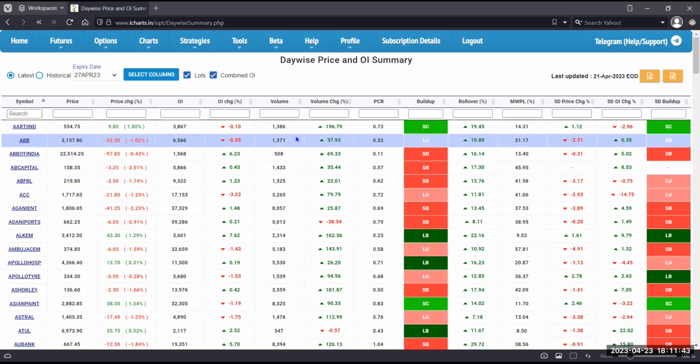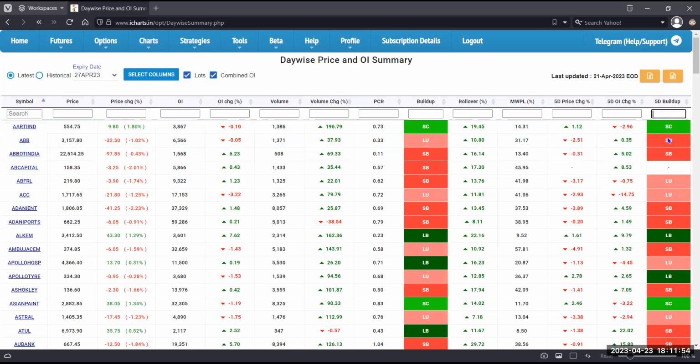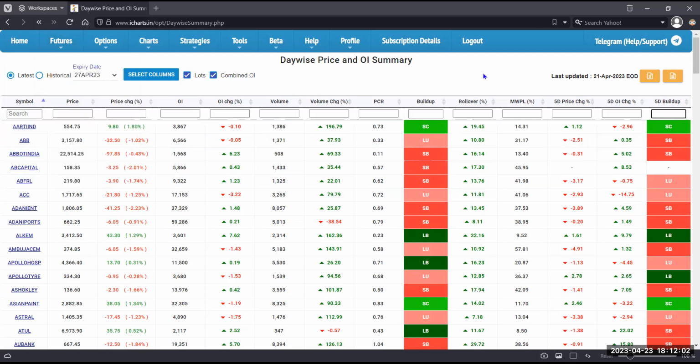Now, one idea here, as has been discussed before also, is if you feel that the market is bullish right now, then you can focus on the 5-day buildup in this Daywise price and volume summary. This gives you a summary of all the symbols and the buildup that is happening. This is the 5-day buildup column. This is the single day, current day buildup column.